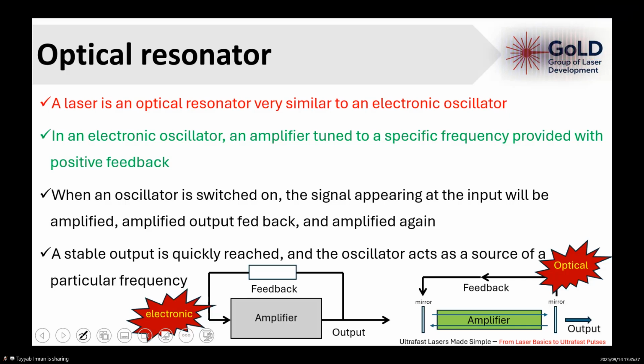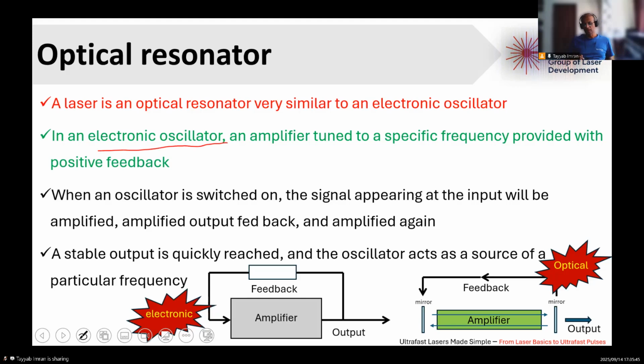This optical resonator is very much similar to the electronic oscillator. What is an electronic oscillator? You can see here an amplifier, and then you have the output, and the output is fed back to the amplifier, and this process is repeated.